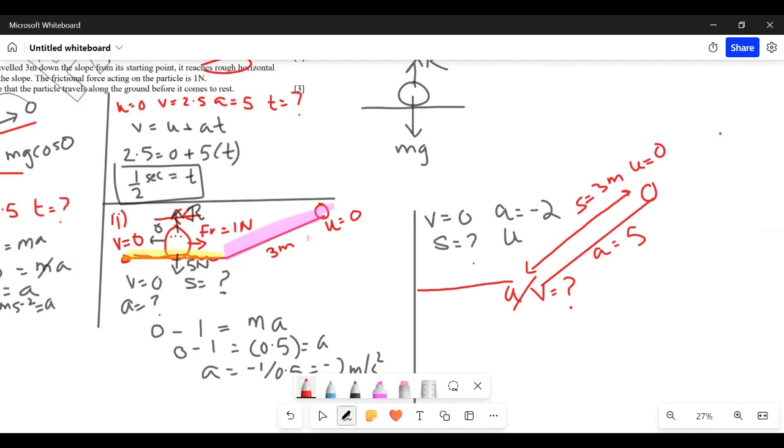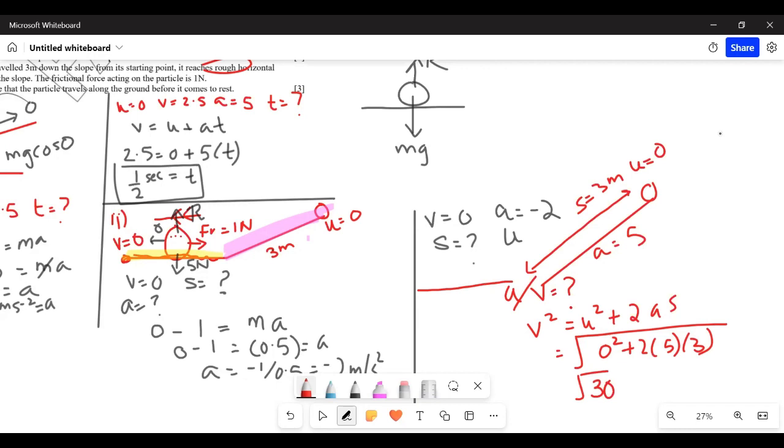So V can be found from: we have S, we have U, we have A, we have V. So we can use V square equals U square plus 2AS. Square root of 0 square plus 2 times 5 times 3. Under root 30.